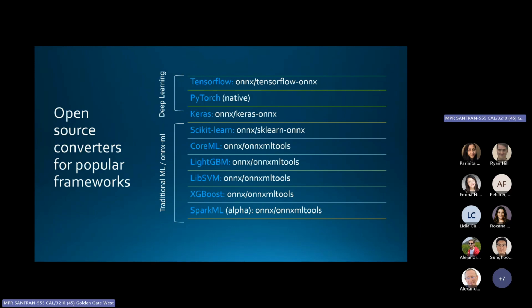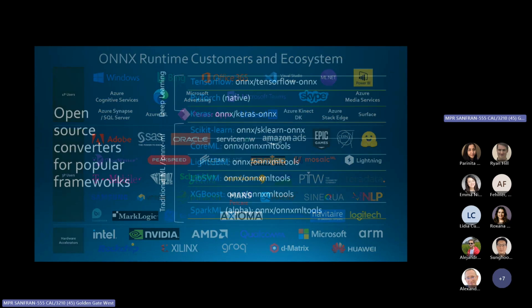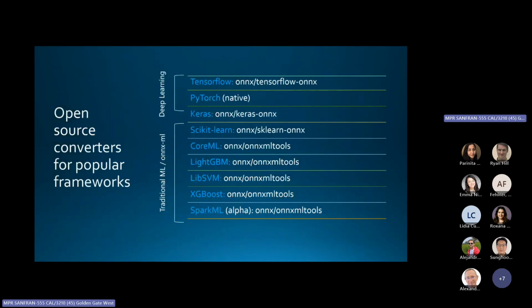There are a number of open source converters for all the popular frameworks that will convert your models into ONNX format. And here is the list of open source converters. By the way, they are open source. The more popular ones, like TensorFlow and PyTorch, have very well-maintained converters.